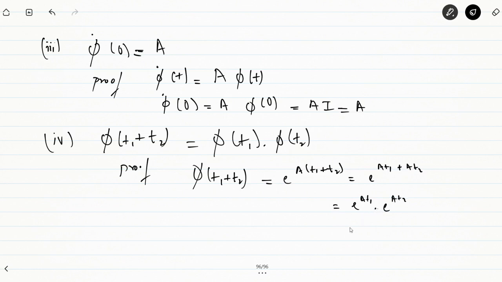The powers are added, so this is phi t1 into phi t2. So this is your fifth property. Phi of t1 plus t2 is equal to phi of t1 into phi of t2.